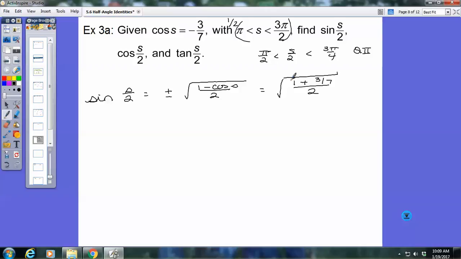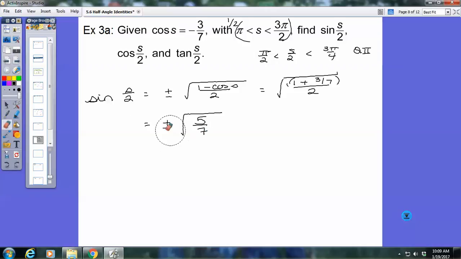Yeah, I mean we can work this out by hand, you can use your calculator, whatever. 1 plus 3 sevenths divided by 2. It's going to be a fraction. No, because we decided we're in quadrant 2 and sine should be positive in quadrant 2. So you get 5 sevenths, is that right?